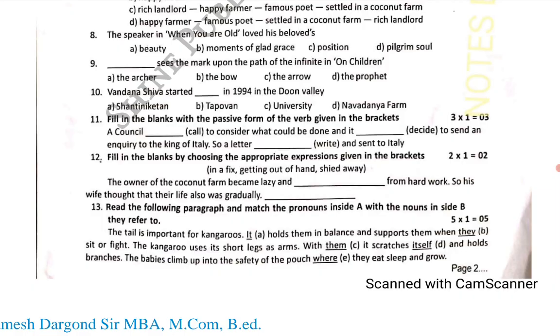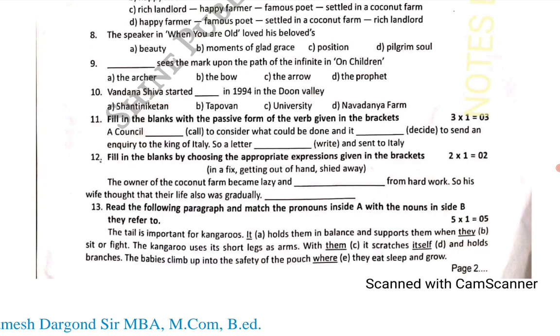Okay, so you can see here, a council, singular, is there. If you read the entire paragraph, then you will understand what kind of tense it is in. See, a council dash to consider what could be done.